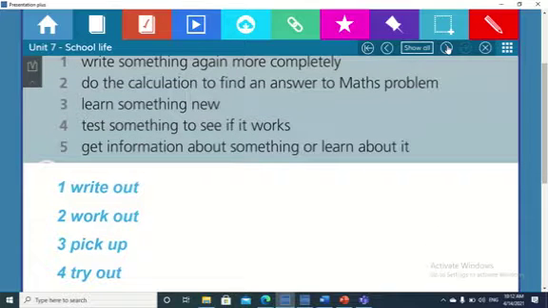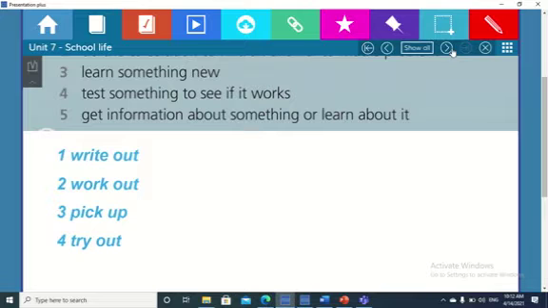Test something to see if it works means to try it out, to check if it works. And get information about something to learn about it. This is to find out. Find out is quite gradual. It means step by step. For example, you would like to find out about a certain country, so you start to know more and more as you move inside this country.